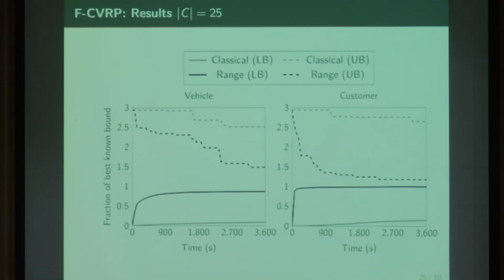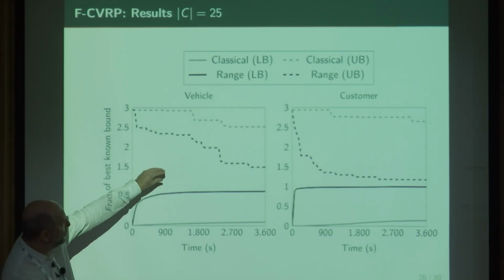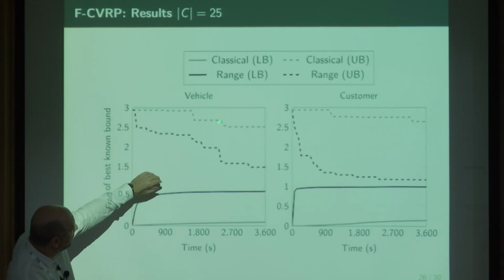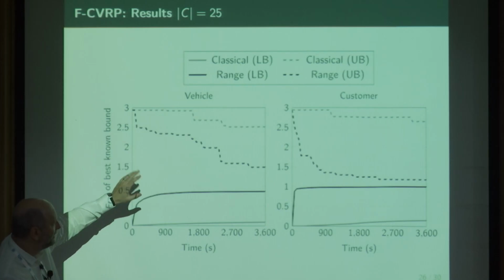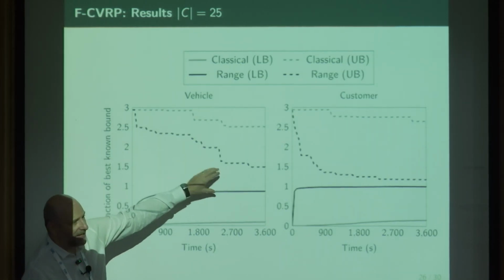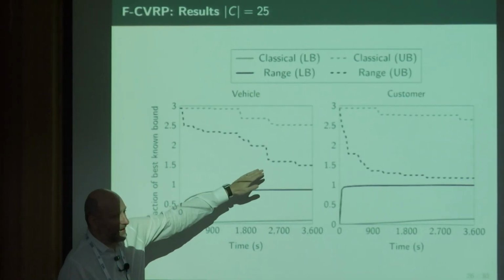Here you can see a pictorial representation. It's a problem with 25 customers, vehicle formulation and customer formulation. This one is gray and this one was black. You don't see it super well here. But the situation is that this closes the gap faster, dual and primal.